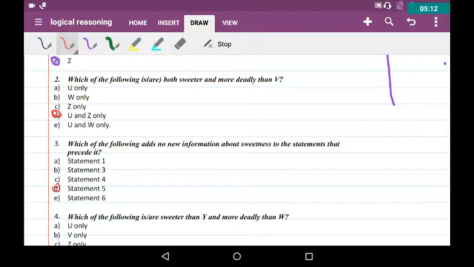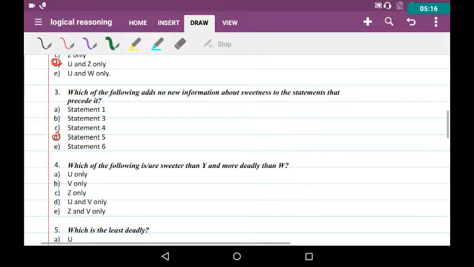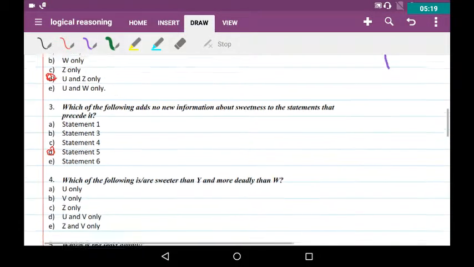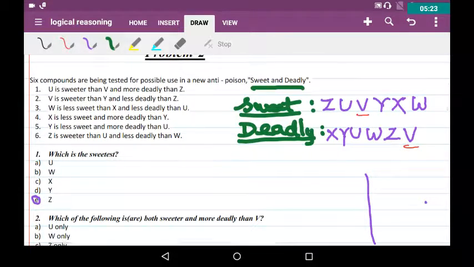Which of the following is sweeter than Y and more deadly than W? It should be sweeter than Y and more deadly than W. W is here.